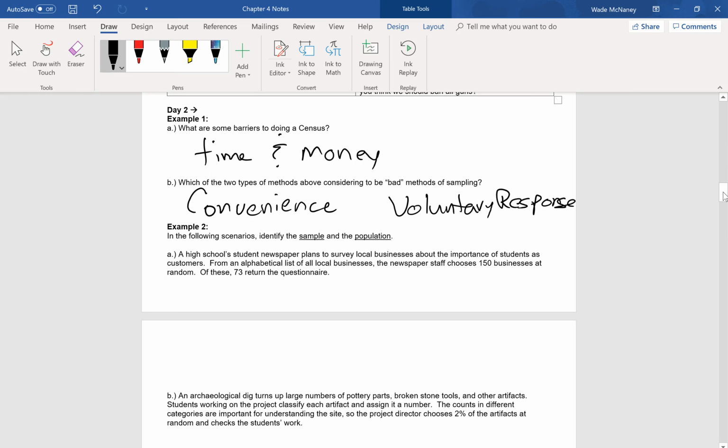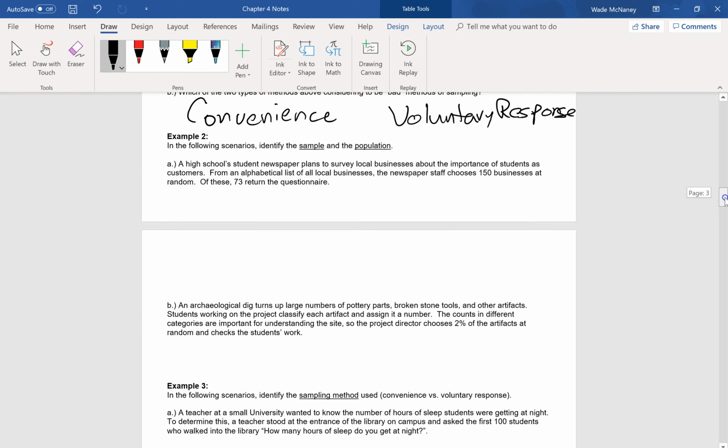Voluntary response sampling is bad because many times people who respond voluntarily to surveys are those that have a strong opinion one way or another, and you're not getting the true feelings of the entire population. You're just getting the true feelings of those that feel strongly about that question. So voluntary response is bad because you're not representing the population either.